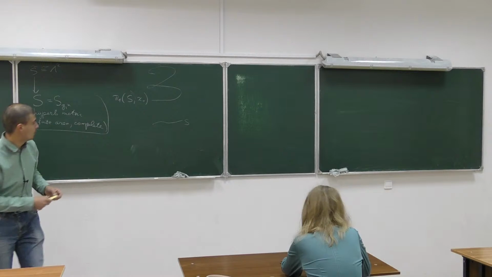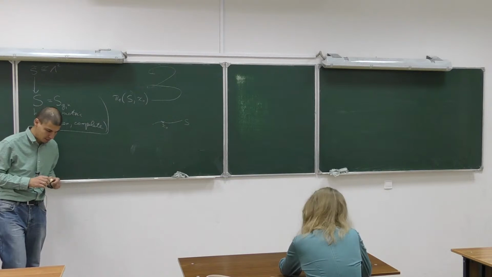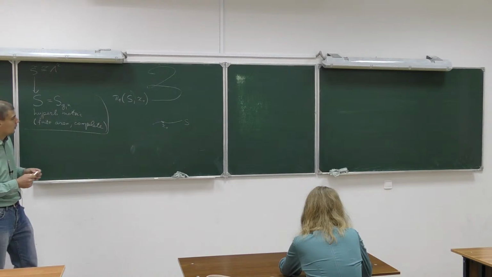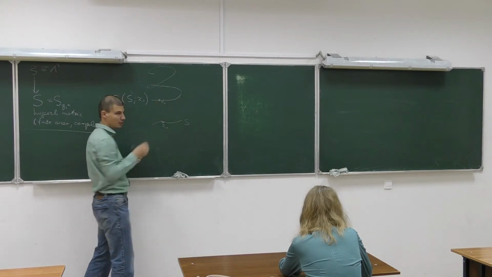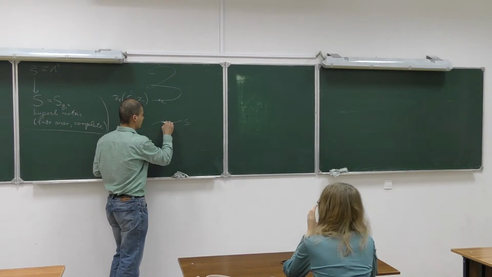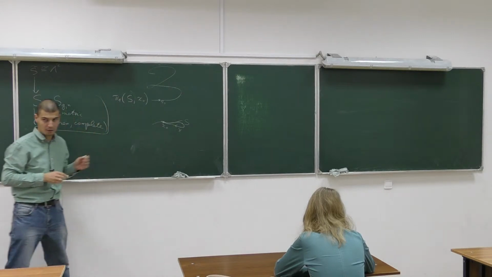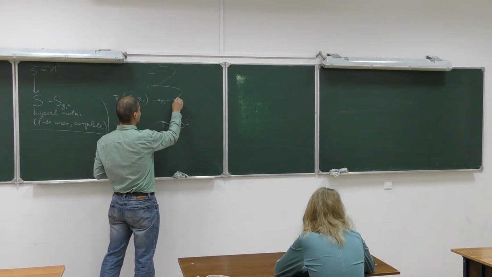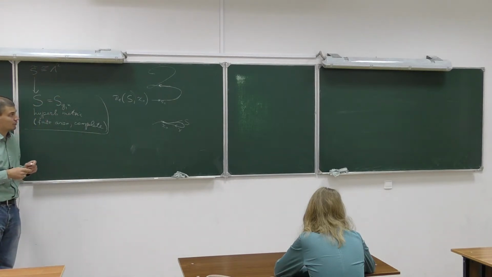So if we have here some x0, we may choose its preimage x0 tilde, and once we have some loop gamma in the base, then we can choose a preimage of this loop.